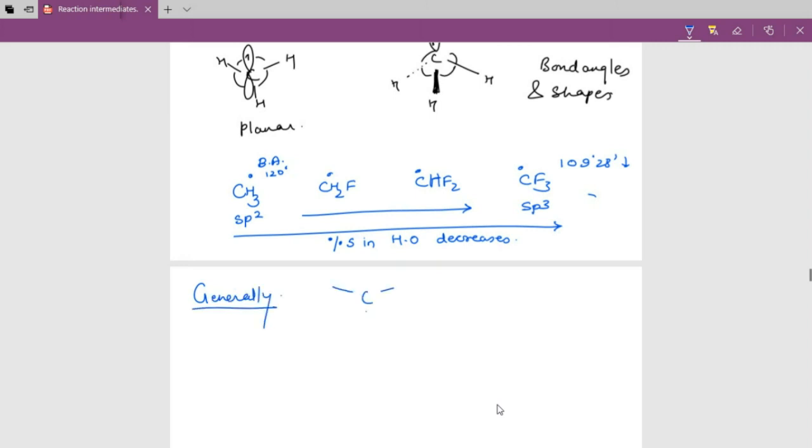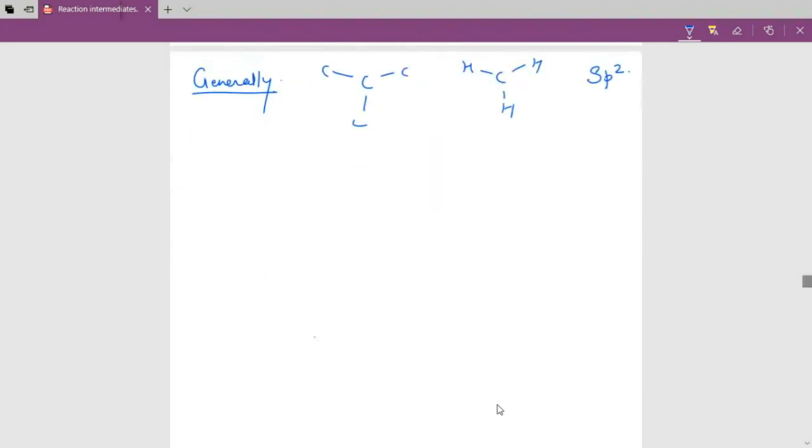Now, if I go to generalization, if carbon is attached to carbons and hydrogens, then generally the hybridization is sp2. But if we have a radical at a bridgehead, then this is also sp3, because otherwise it can't be formed.